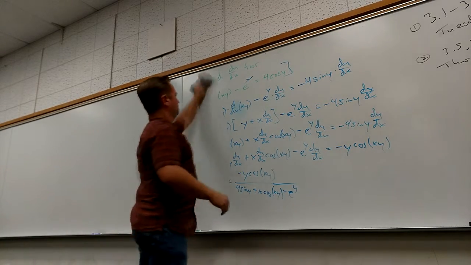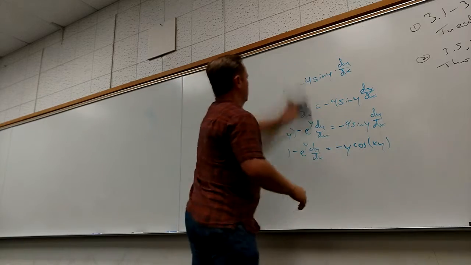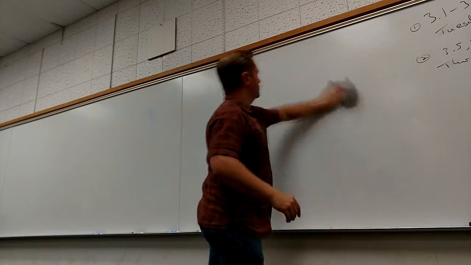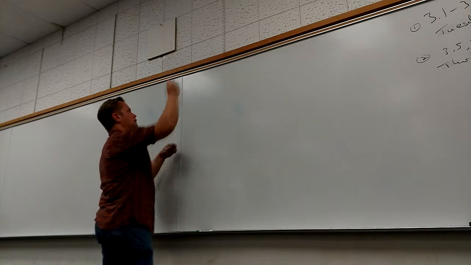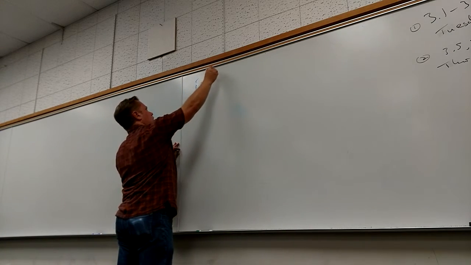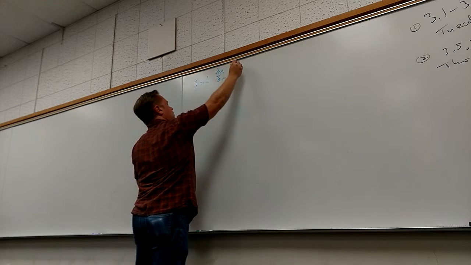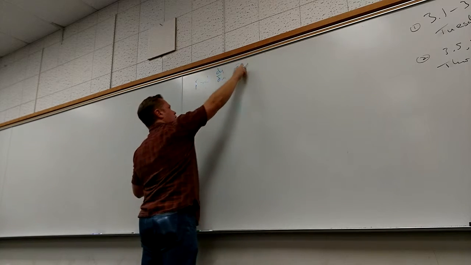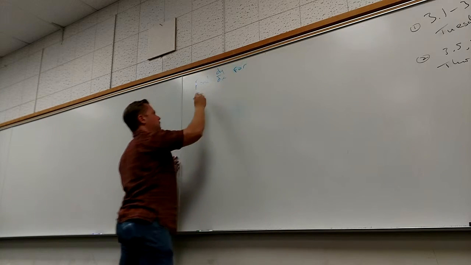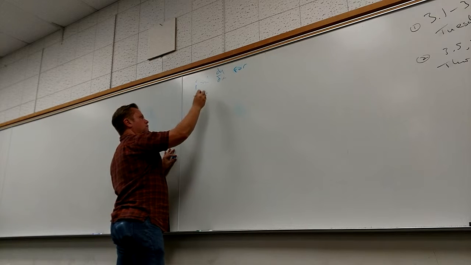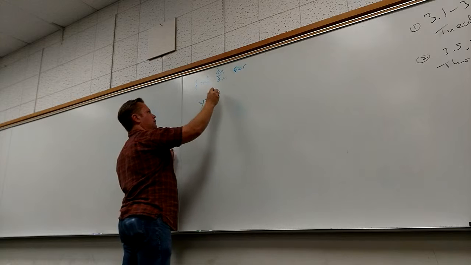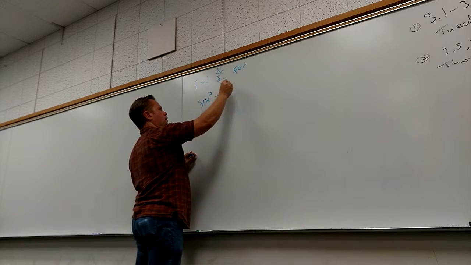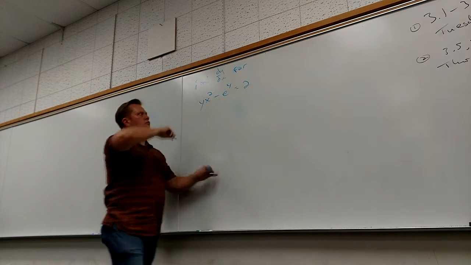Let me do one quick, easier example, just so I can show you a dx dy thing. So first I'm going to do dy dx. So find dy dx for, let's just do y squared minus e to the y. So, 2.